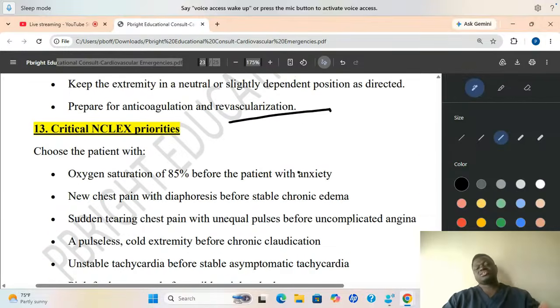Right, so getting to the close of everything we have done today. They will ask what the critical NCLEX priorities are.